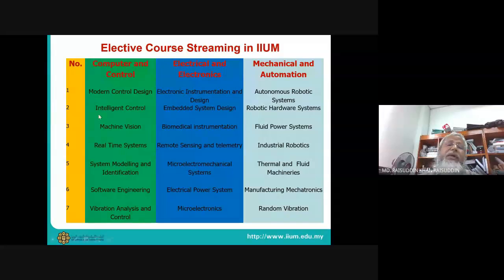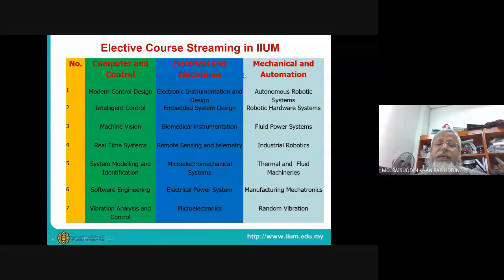So we came up with some classification, so that after you learn the core, you take the elective, so you can say I have the specialization in these areas. So if you want to have computer and control, then you need any of these three courses from this stream, whichever you like. So accordingly, you can improve your specialization.